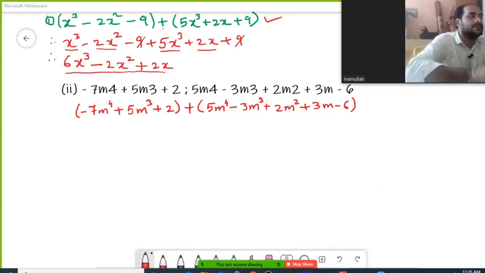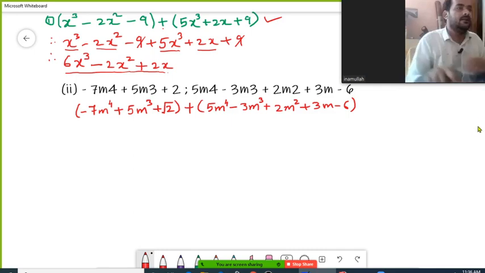Now these are two polynomials. Let me check this question with the textbook. Okay, fine. It's perfect now.